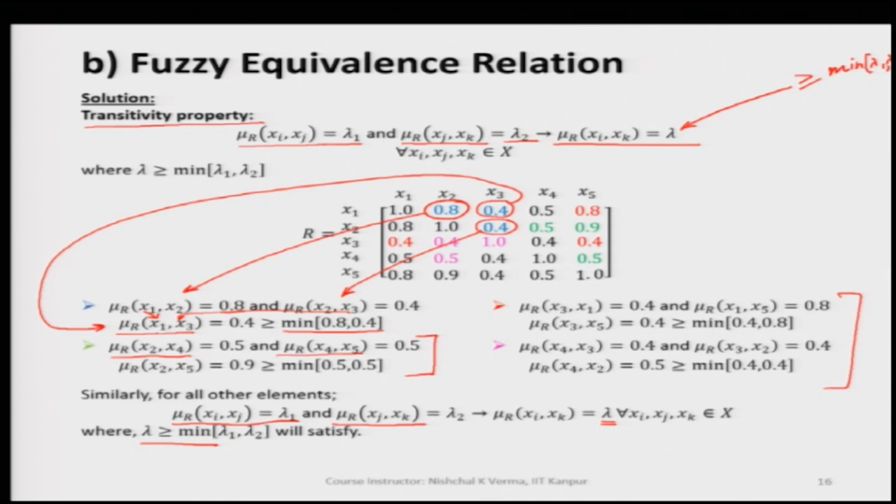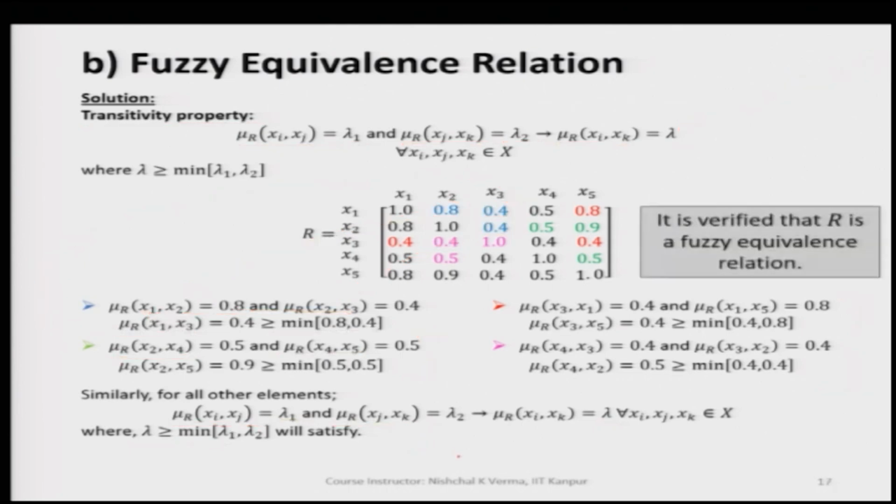So, since we have checked for all the elements, the transitivity property is satisfied, we can say here that the transitivity property for the fuzzy relation set is satisfied here.